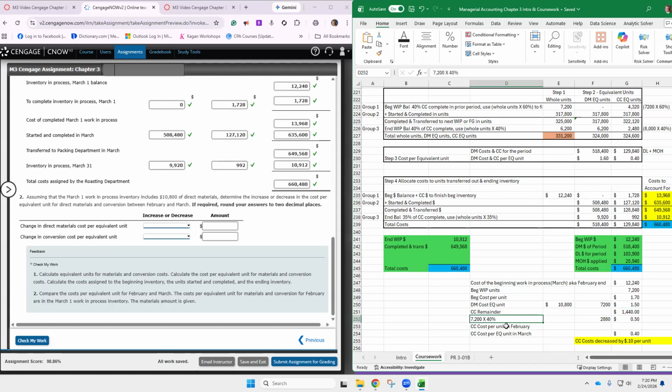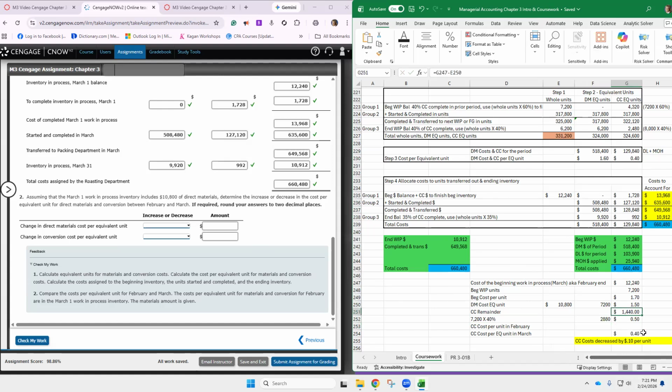We're going to take 7,200 times 40 because that's what our beginning inventory is all about. Times 40, and that is the 288. And then we're going to simply divide this remaining total.